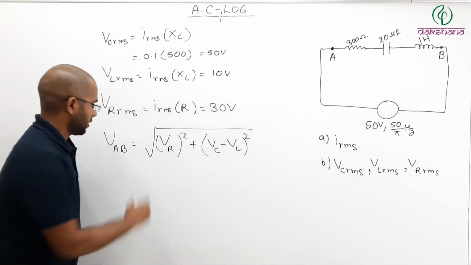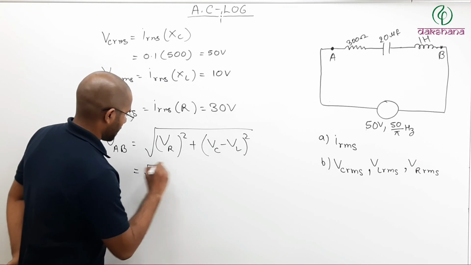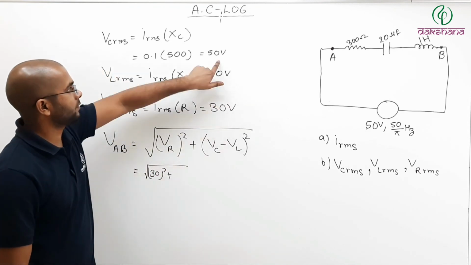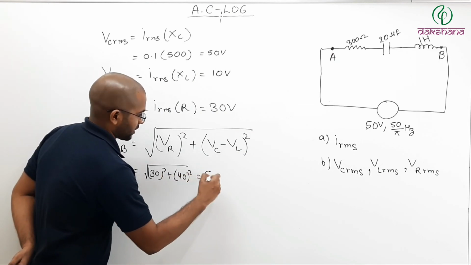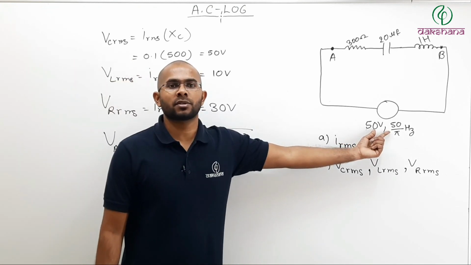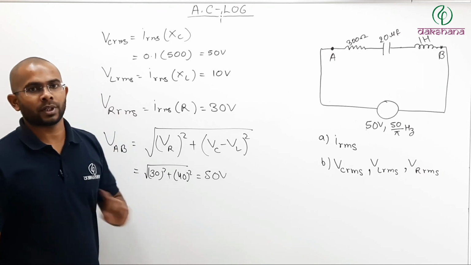VR is 30, so the square root of 30 square plus (50 minus 10), so 40 square. That is 50 volt. So that is the ERMS of the source, meaning what we are doing is correct. Pause the video, note it down.